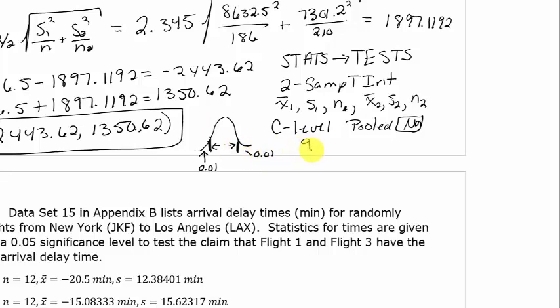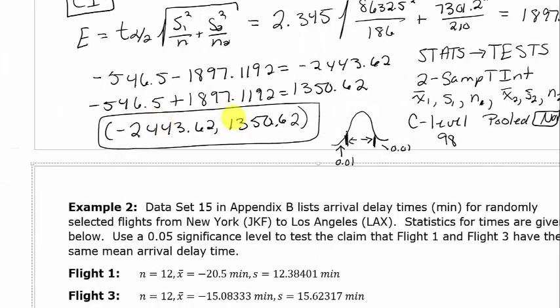So this would be a 98% confidence level that we would want to enter in order to get this confidence interval off of our calculator. So it's just another thing for you to be careful about.